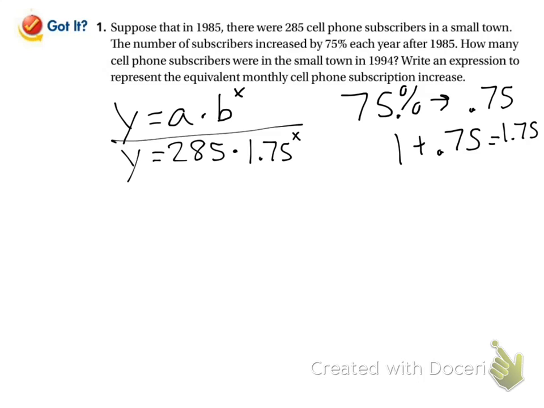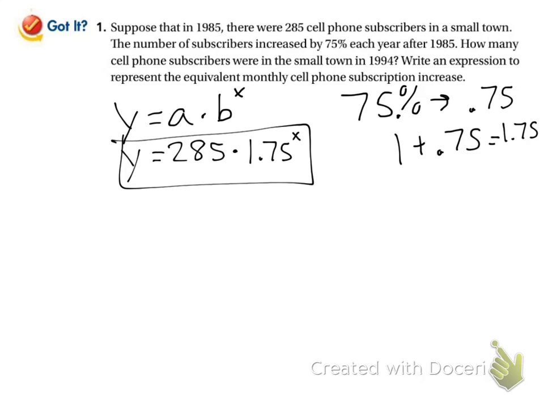So here's my equation. The last thing they ask is how many cell phone subscribers were in the small town in 1994. So we need to think about where we started. What was our year 0 essentially? So 1985 was our year 0. So I'm not going to plug in 1994 for x.